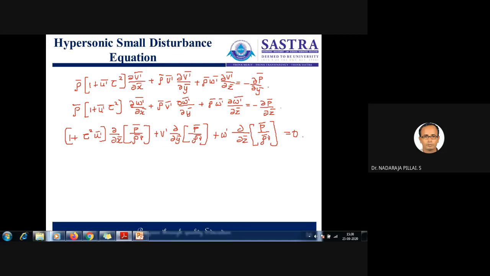So with all these equations, each term is of order of magnitude unity, except the one which is multiplied by τ². But when it is multiplied by τ², we know that it is a slenderness ratio and that becomes very small.